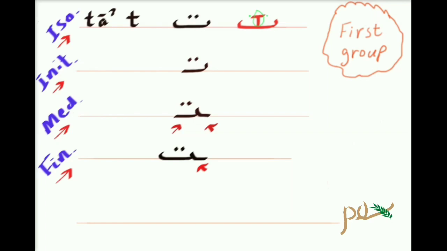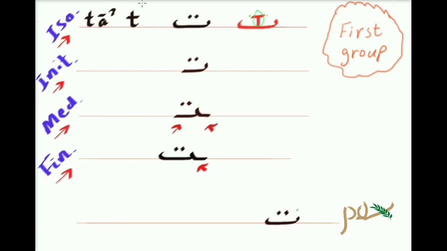Now we will try to repeat together. We have learned the second letter from the first group. It is the letter Ta. To get it, we drew the boat, but instead of the oar, we drew on it a table or the letter T. Then we removed these lines except the 2 dots.